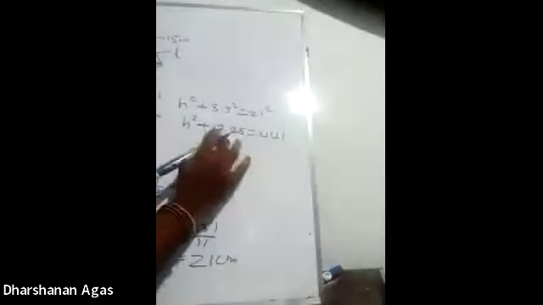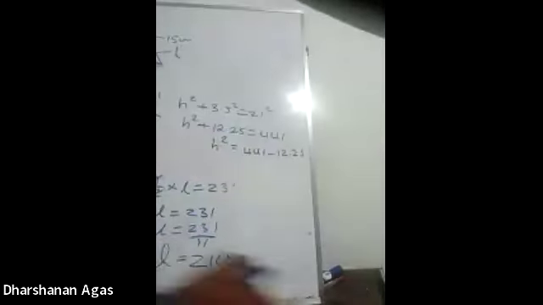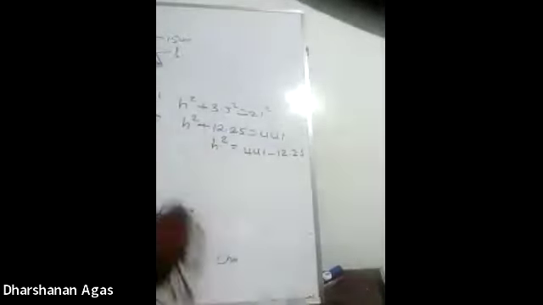Now take that 12.25 and subtract it. h square equals 441 minus 12.25. We'll subtract and check.